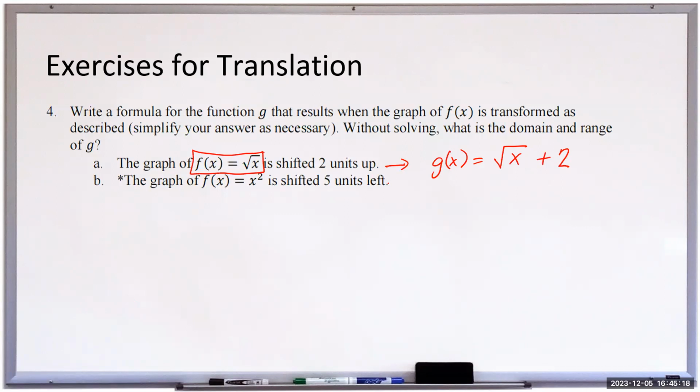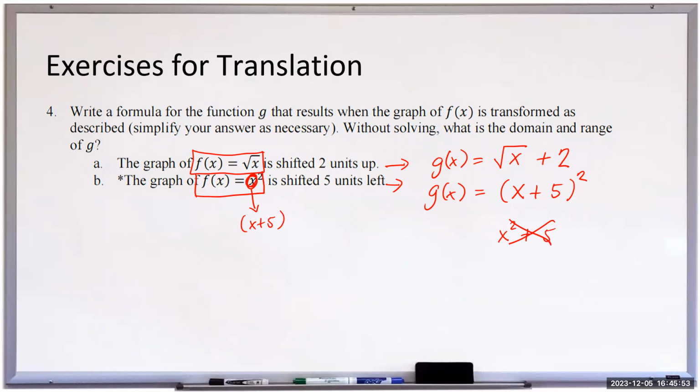And for item B, this is your parent function, we are going to shift it 5 units to the left. So my g of x would be the quantity x plus 5 squared. Okay? So we replace the x here with x plus 5. That is why the whole expression is squared. So it cannot be x squared plus 5. This is wrong. Okay?